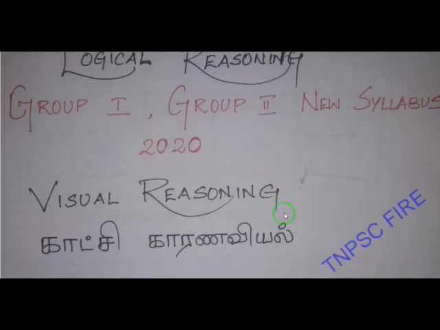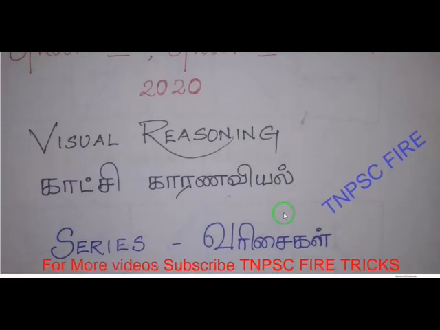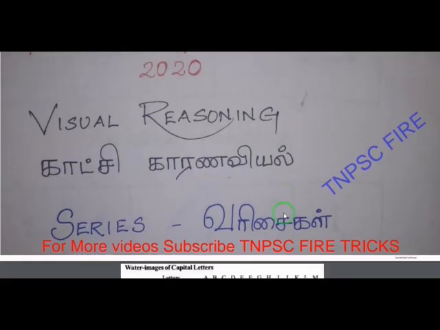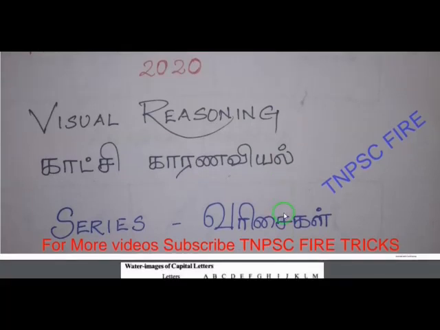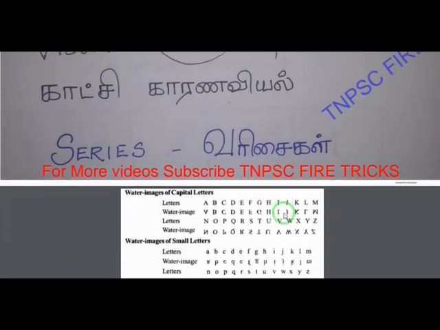In my last video on visual reasoning I taught you the first type, that is mirror image. Here we are going to see the second type of visual reasoning, that is water image. This is a water image table.